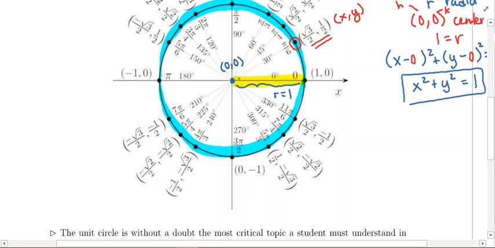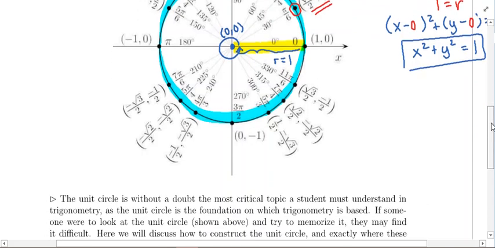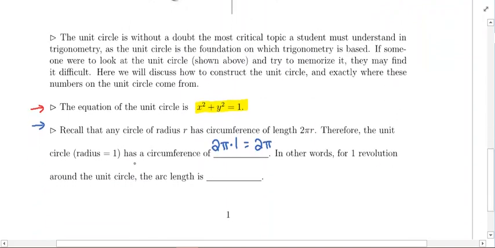If we did one revolution, rotating 360 degrees, the arc intercepted by that angle would be the entire length of the circle. So the arc length of one revolution is equal to the circumference, the distance all the way around, which is also 2π.